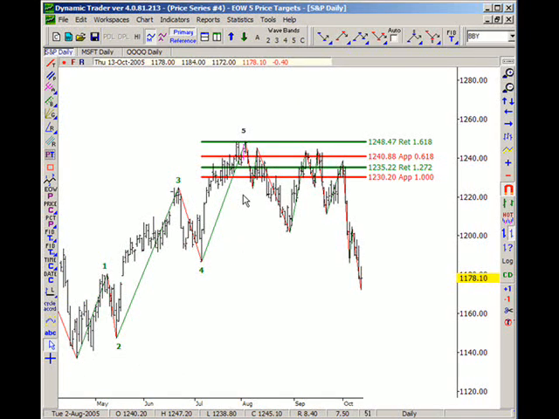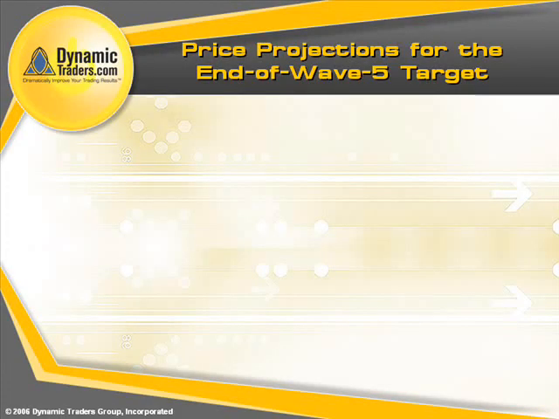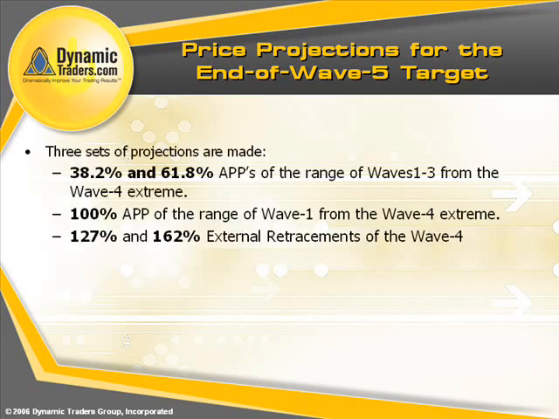Well, let's look at some other examples. So how do we make price projections for the end of Wave 5 target? First, there are three sets of projections that are made. We make the 38.2% and 61.8% alternate price projection of the range of waves 1 through 3 from the Wave 4 extreme.